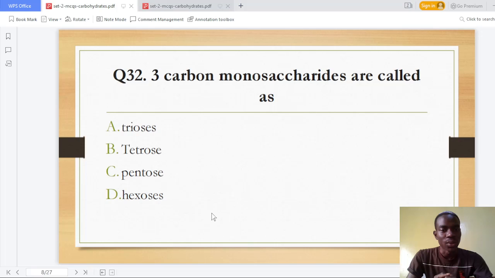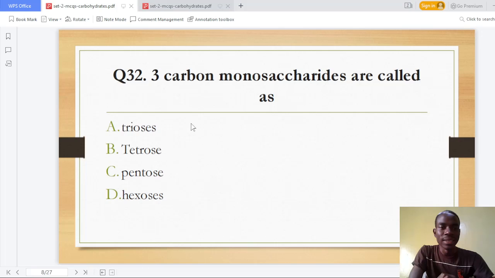Since we have 3 carbons, we expect our answer to be a tri something. Tetrose means 4, pentose means 5, hexose means 6. Since we're talking about 3 carbon monosaccharide subunits, automatically our best answer is A, triose.